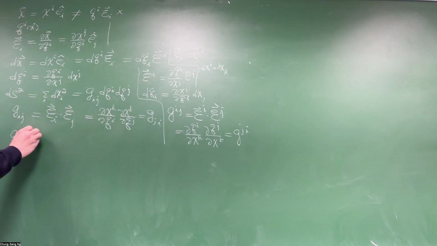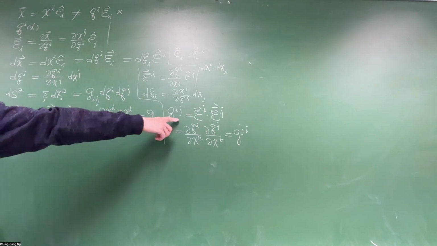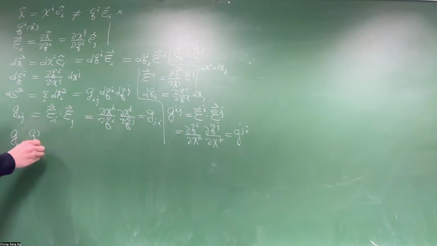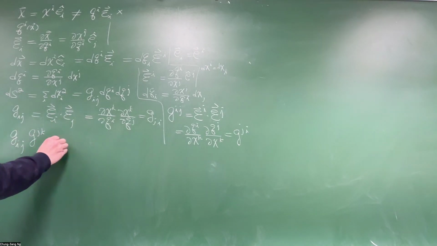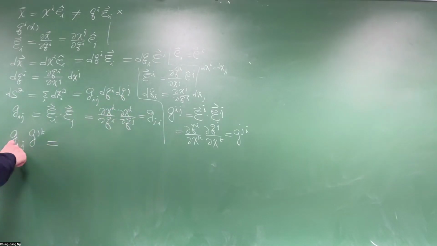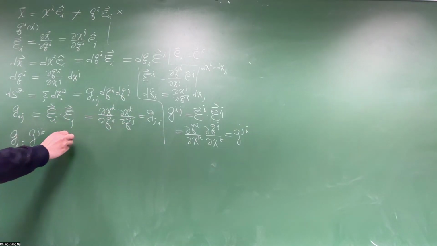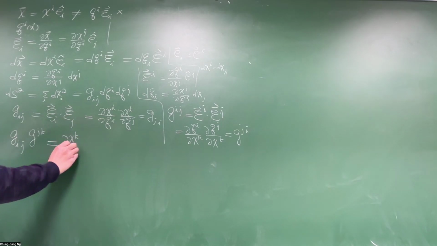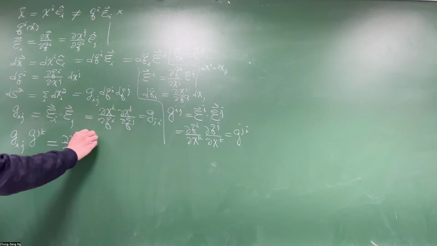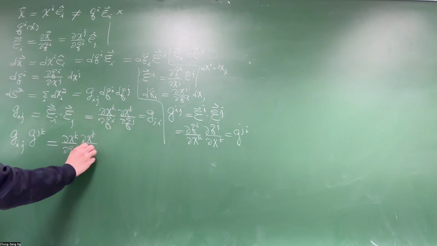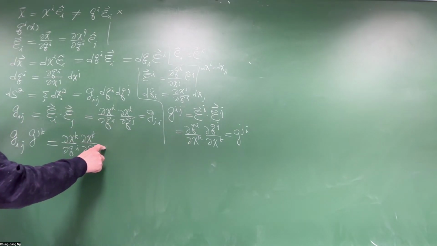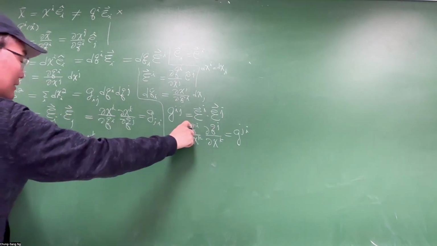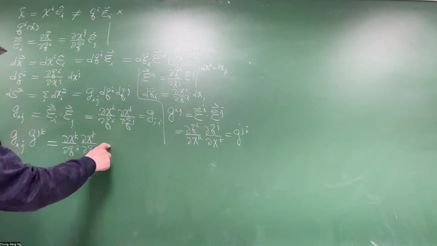Gij, and contract with this contravariant one with one index, the jk, right? And what you have is the sum. Just put these substitutes into here, and then put that in here, except that this is jk instead of ij.